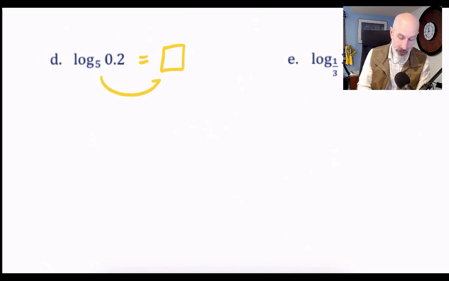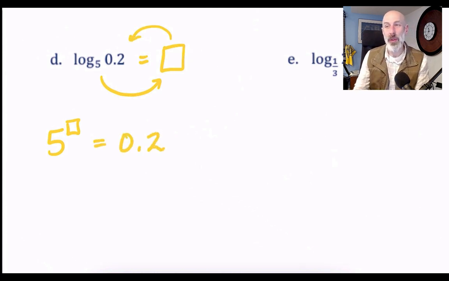If we look at another one like log base 5 of 0.2, until we get used to it, we might decide to write things out this way and say 5 raised to that unknown power is going to be equal to 0.2. Now, for this one, we're not used to working with decimals, and quite frankly, I don't particularly like them anyway, except in certain circumstances.